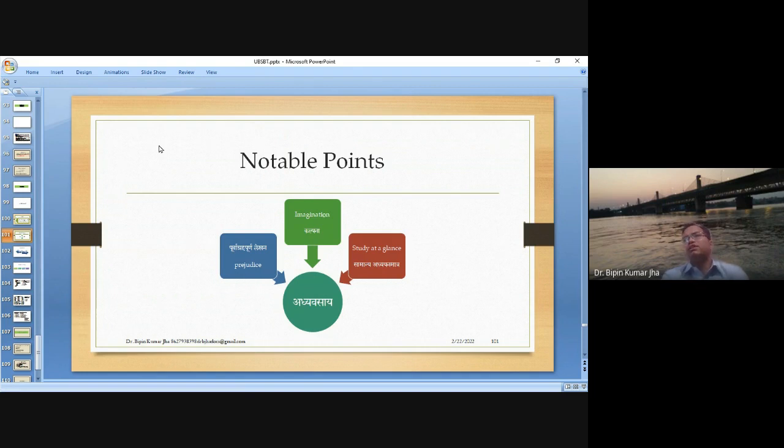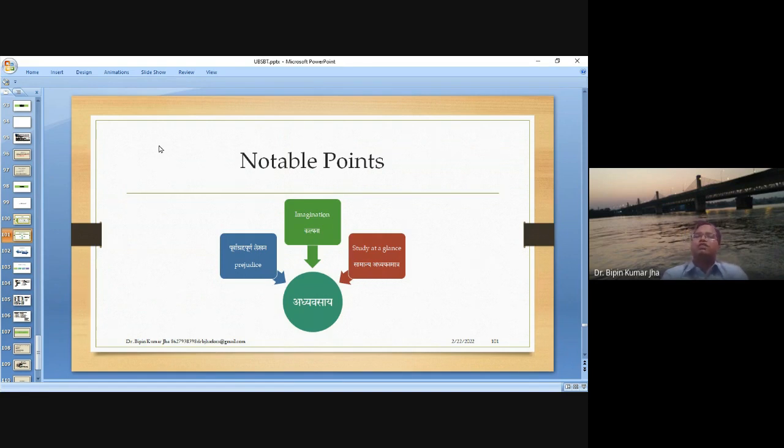And another thing, normally what we do, if we are trying to learn Buddha Charitam, we are just reading the preface of that text, which is written by someone, and we are making assumptions that in this text such things have been given.